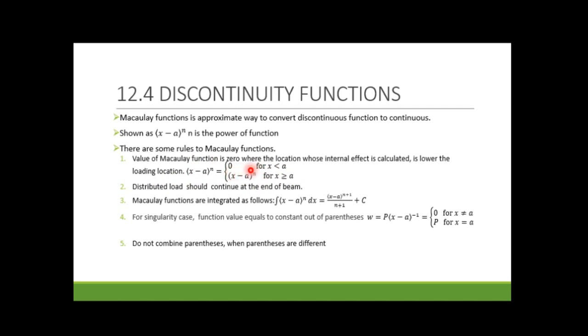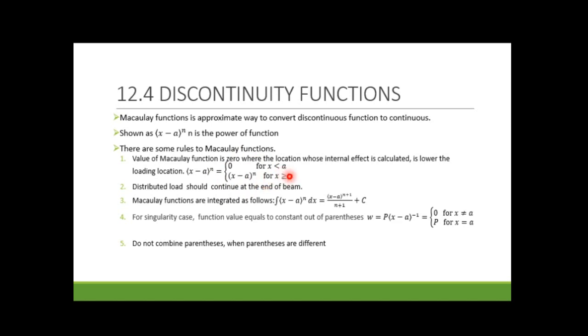We cannot put any negative value. If x is greater than or equal to a, we can write x minus a to the power n. So these brackets show the definition of these functions.